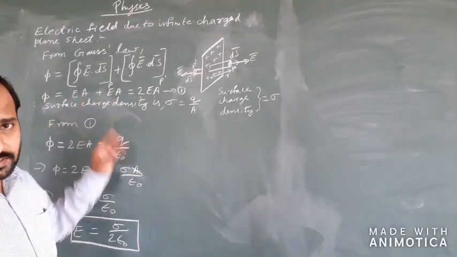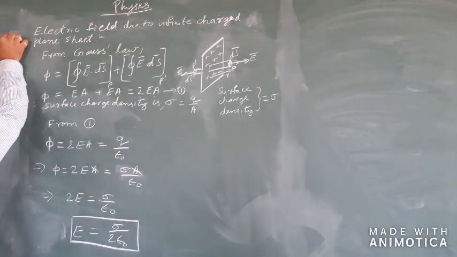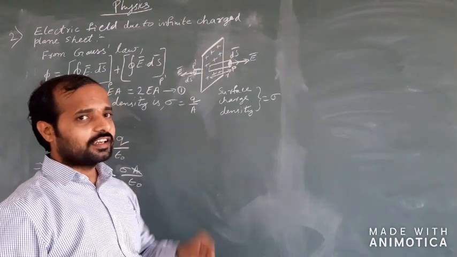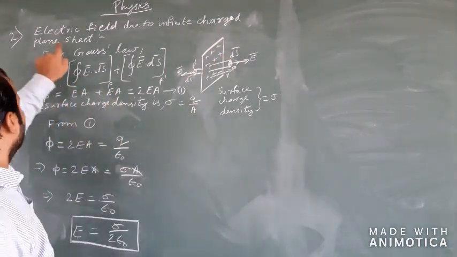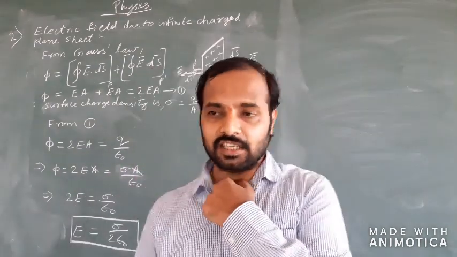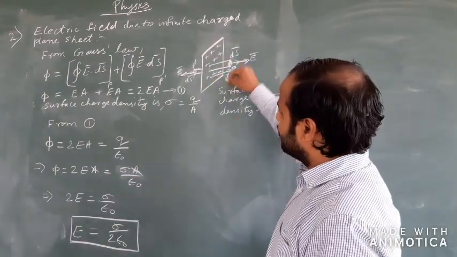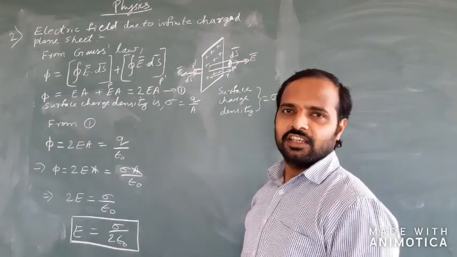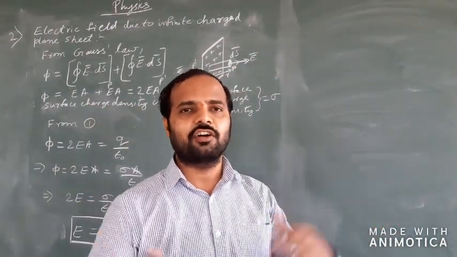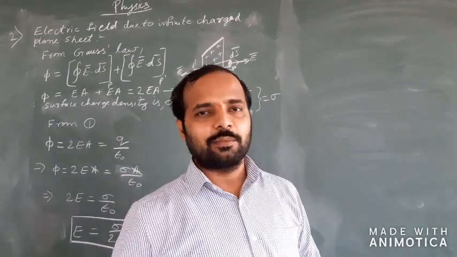Now we are going to look at the second application. The second application is the electric field due to an infinite charged plane sheet, that is, an infinite sheet which is charged with charges. Now let's say we are going to take an infinite sheet. The sheet extends up to infinity in all directions, that is, in two dimensions.